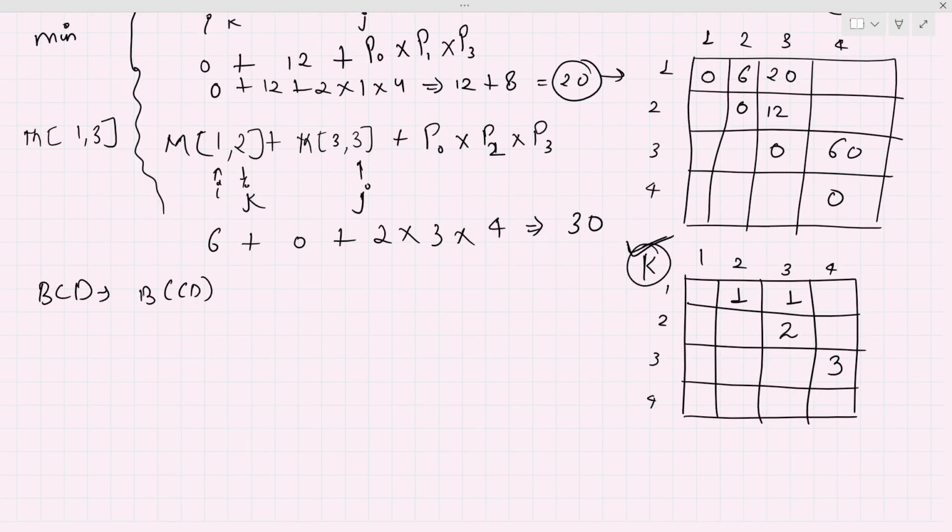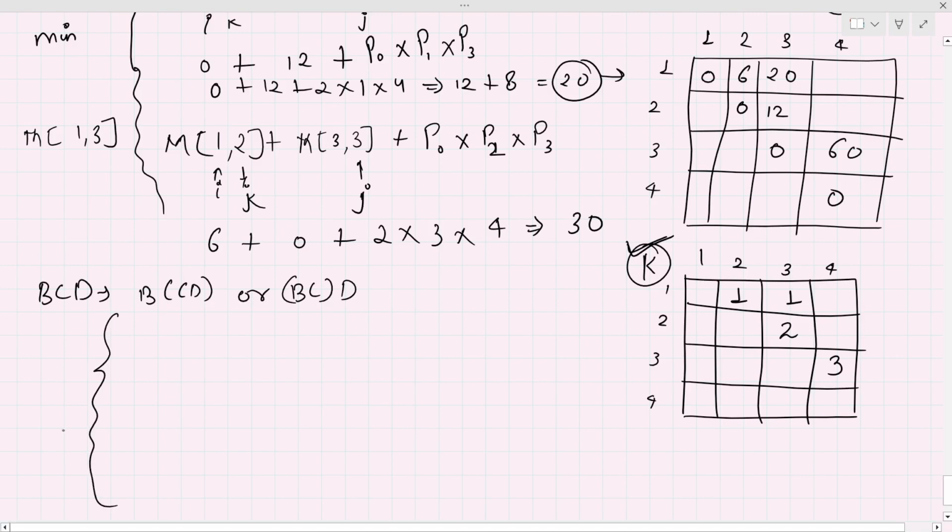Multiply CD first and then B, or BC and then D. Okay, so now we have to solve this. Whichever gives the minimum value is the correct answer. Okay, so BCD means we are multiplying M2, 4.